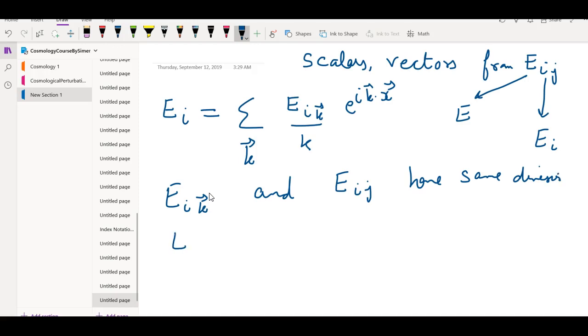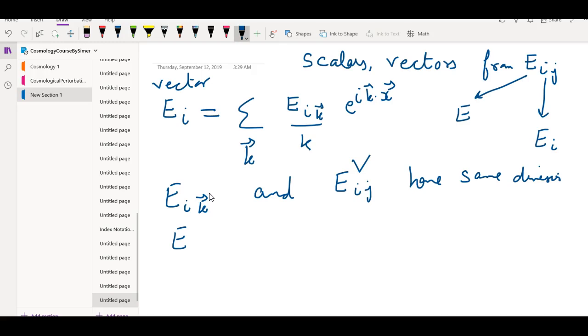So what is Eij basically? Ei's dimension is the same as that of the Eij tensor, from which we extracted this vector Ei. We extracted vector Ei from Eijv, and Eijv and Eij have the same dimensions.